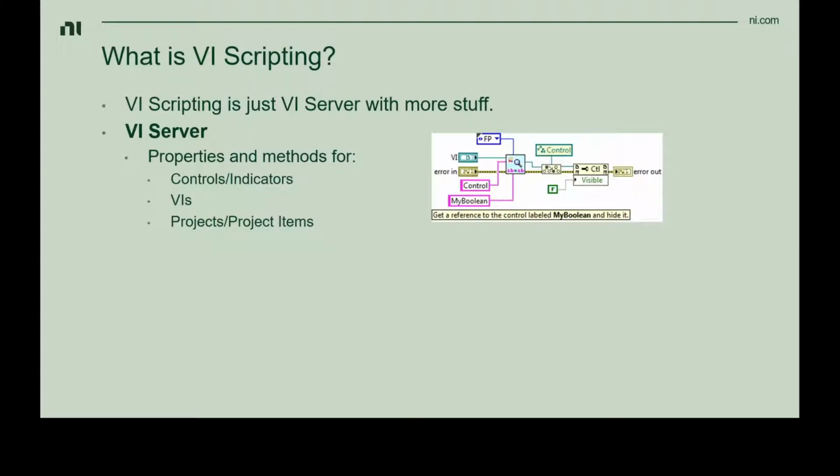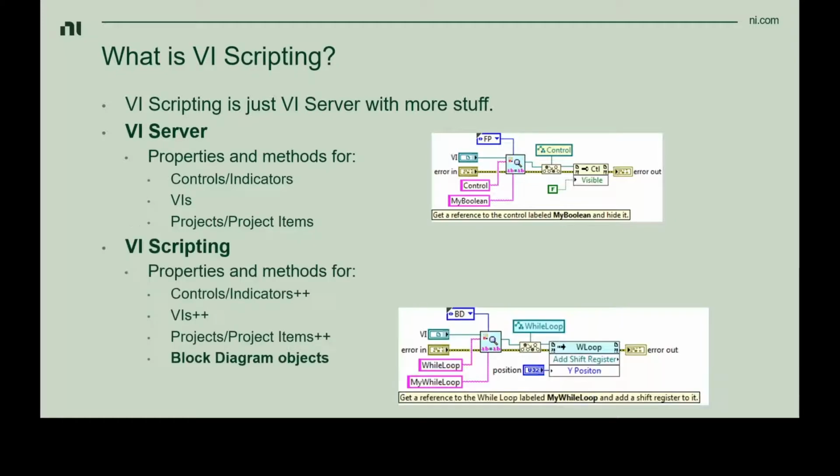That is an example of very simple VI server code to manipulate the front panel of a VI. You can use VI server to manipulate controls and indicators, VI properties, and things inside of the project window. Well, with scripting, you can do those exact same things, only it's providing more things that you can change, and it opens up the ability to make those same types of changes on the block diagram. So if we look at the bottom picture on the slide, we'll see that we have a VI reference.